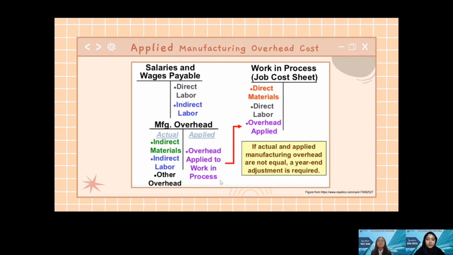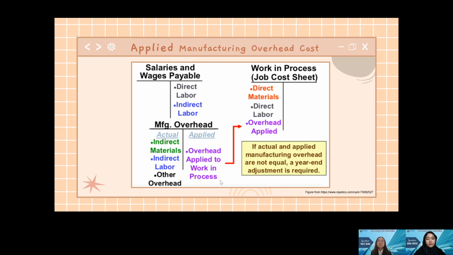Next slide, please. So now, let's look at the applied manufacturing overhead costs. For your information, all the T accounts will reach a balance at the end of calculation. So, if the actual and applied manufacturing overhead are not equal, a year-end adjustment is required. Then we will move the applied overhead to the job cost sheet, which is the work in process T account, which means that we will move the manufacturing overhead that we had already used in that particular job order.